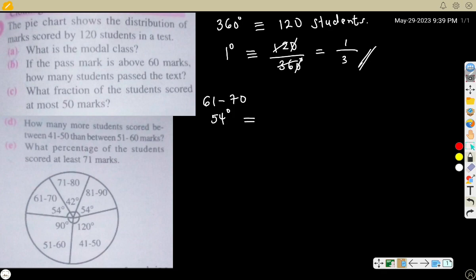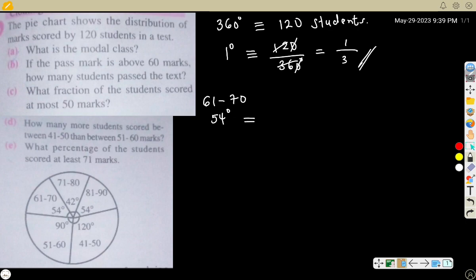So anytime you see a pie chart in degrees and you want to convert it to 1 degree, just say 360 degrees equals the total number they give you. Like here, 120 students. So 1 degree will be equal to the total number, 120, divided by 360. So 1 degree is 1 over 3.